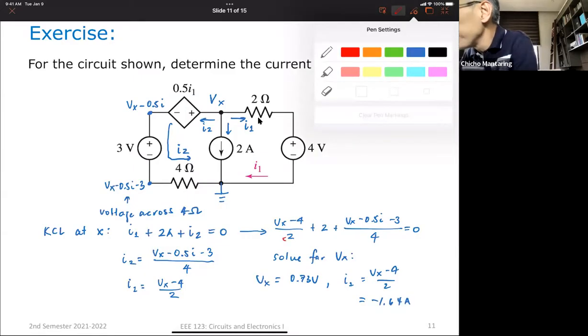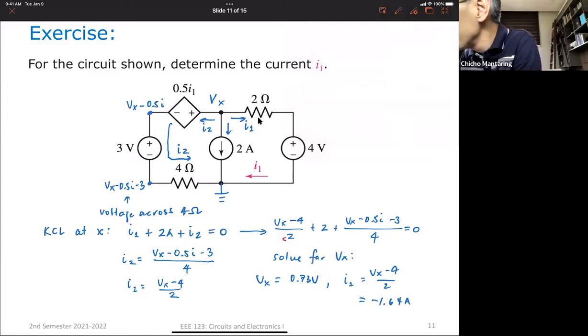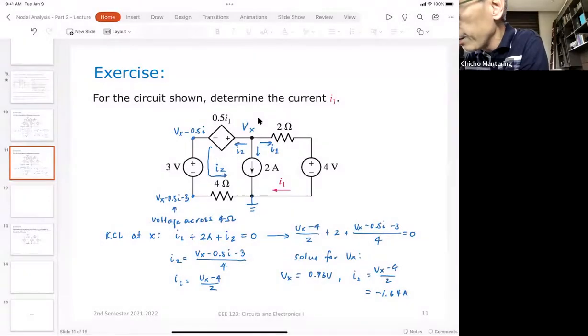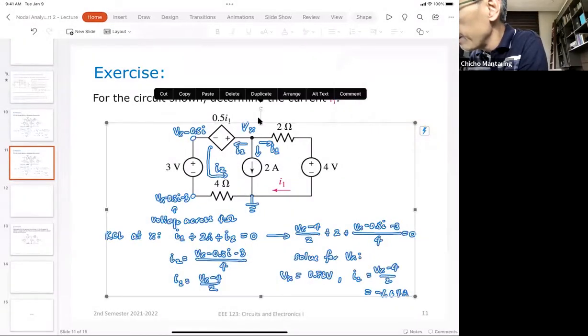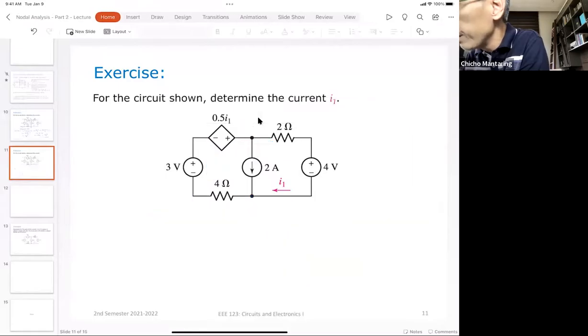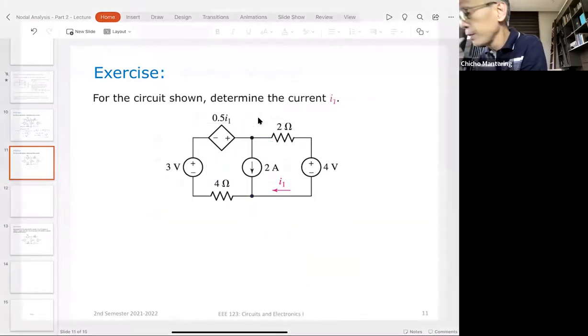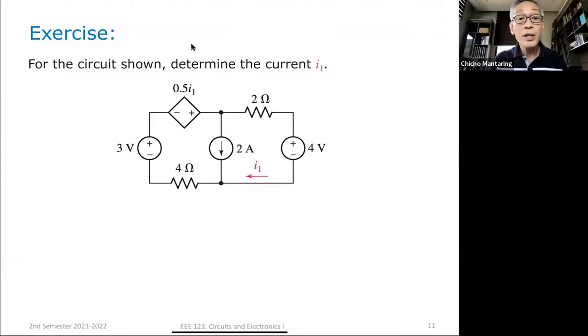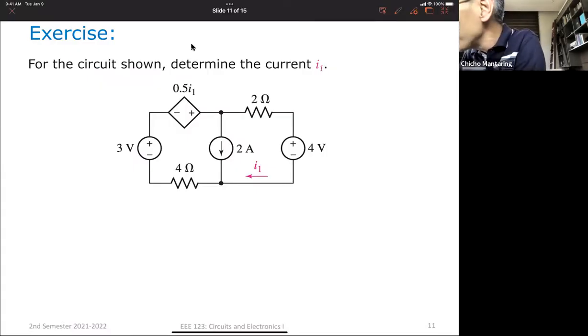Sorry, having problems. Another way, which one of your classmates attempted to do, was to use the supernode, and you can do that. I can define this to be a supernode.